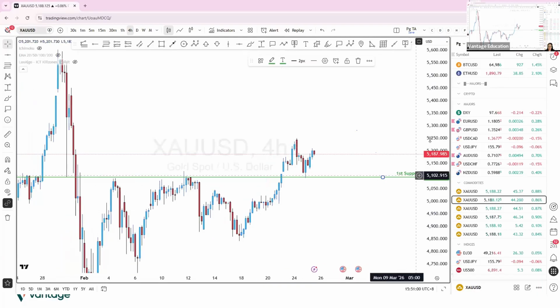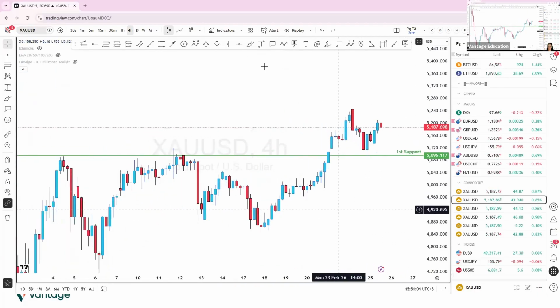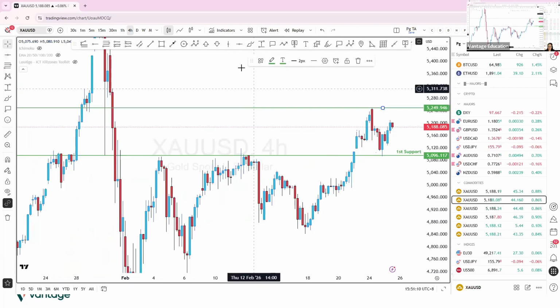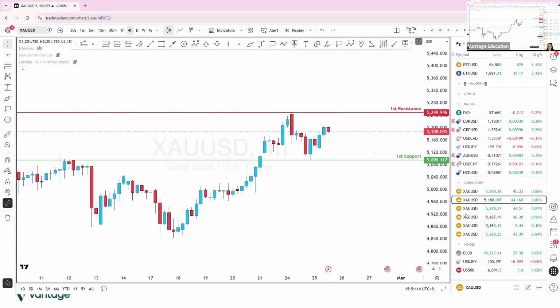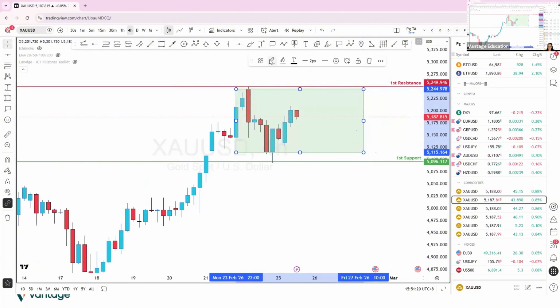Then we want to find the level. This one we set at the first resistance. First, you can see that they are ranging right now, sideways in H4.